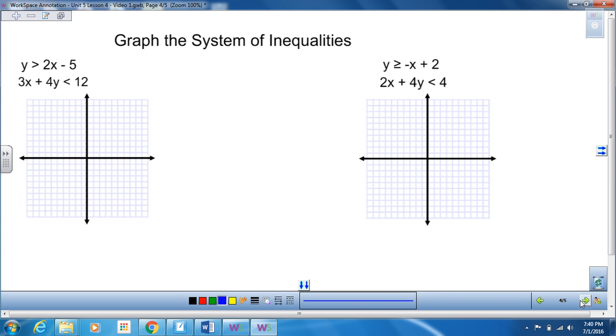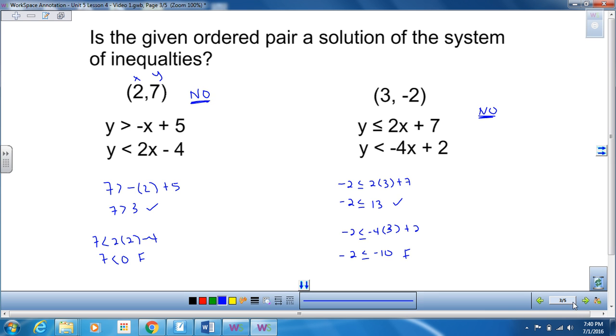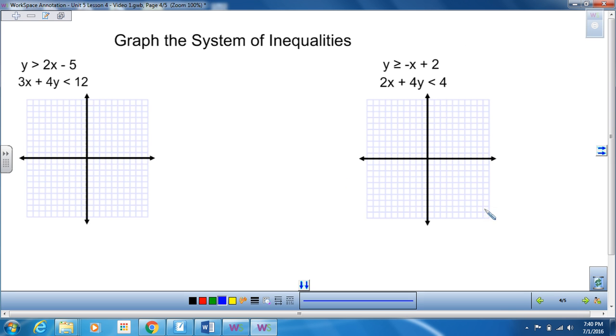Let's practice graphing now. Alright, well, I noticed that my first inequality is in slope-intercept form, so that makes that pretty easy. My slope is 2, which is 2 over 1, and my y-intercept is 0, negative 5. So, let me put our scale. I'll start at negative 5 on the y, and then my slope is 2, so up 2, right 1.